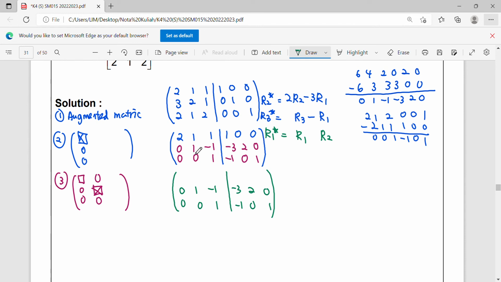So the operation we fix here: row 1 is value 1, row 2 also value 1, so just minus. Okay, so your row 1 minus row 2: 0, 1, negative 1, negative 3, 2, 0. So we get 2, 0, 2, 4, negative 2, 0.